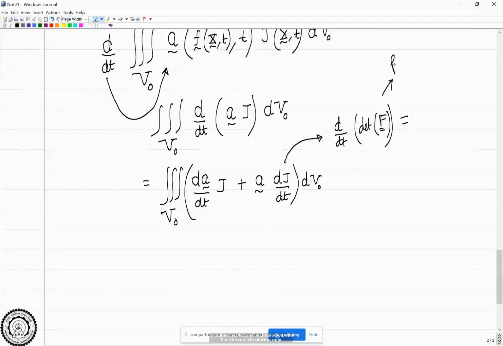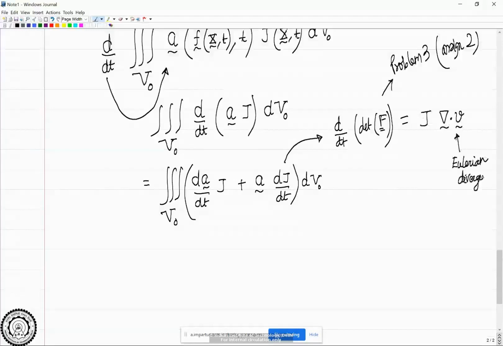This is problem 3 of assignment 2. That this is equal to J times gradient dot v, and this is Eulerian divergence basically. So this is something you have to prove as part of your assignment. I'm going to use this.